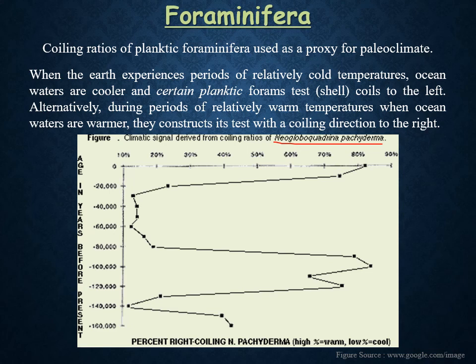And if a place remains for a long time at the same latitudinal condition, then the relative percentage of coiling of this species will also give us an idea about the temperature variation of that region through time.